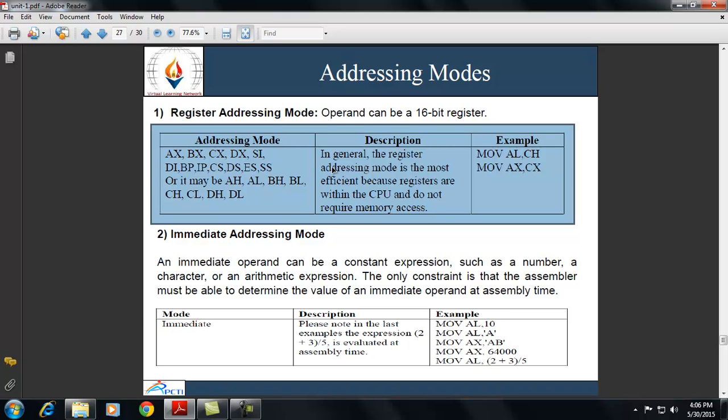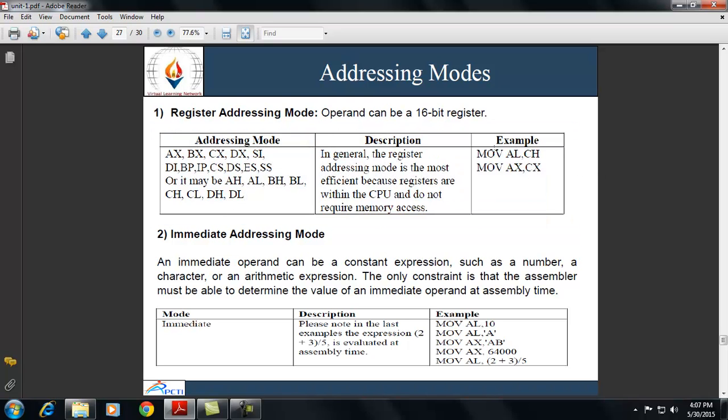In general, the register addressing mode is most efficient because registers are within the CPU and do not require memory access. For example, MOV AL, CH. AL and CH both are registers. If we want to move the content of CH to AL, then this is the register addressing mode, in which we specify the register.